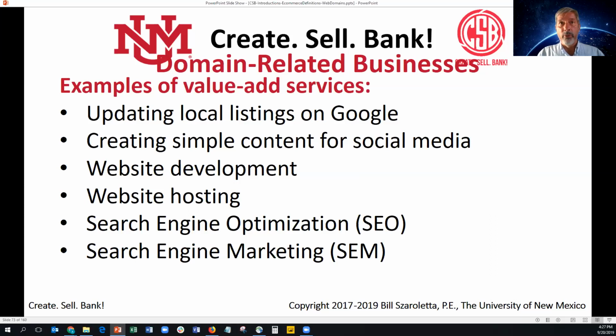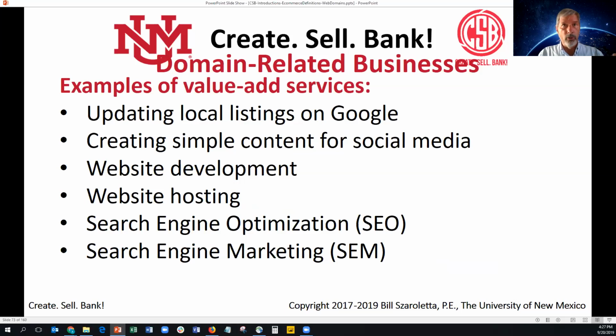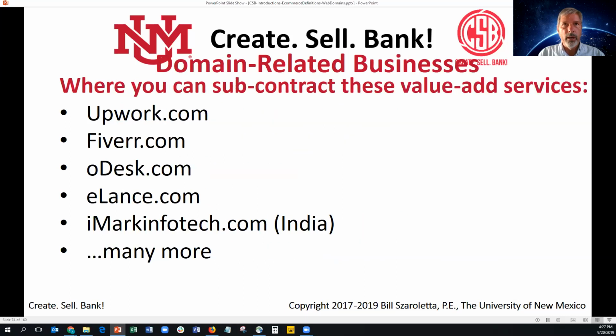So some of the value-added services that I mentioned: you can update local listings on Google. You can create content, whether it's complex or simple, for social media. You can do website development, website hosting, search engine optimization, search engine marketing, and that list goes on.